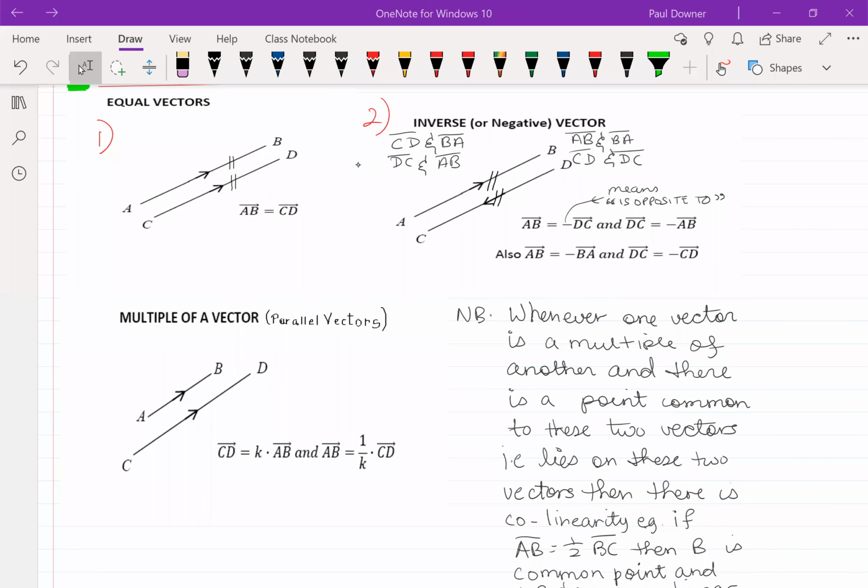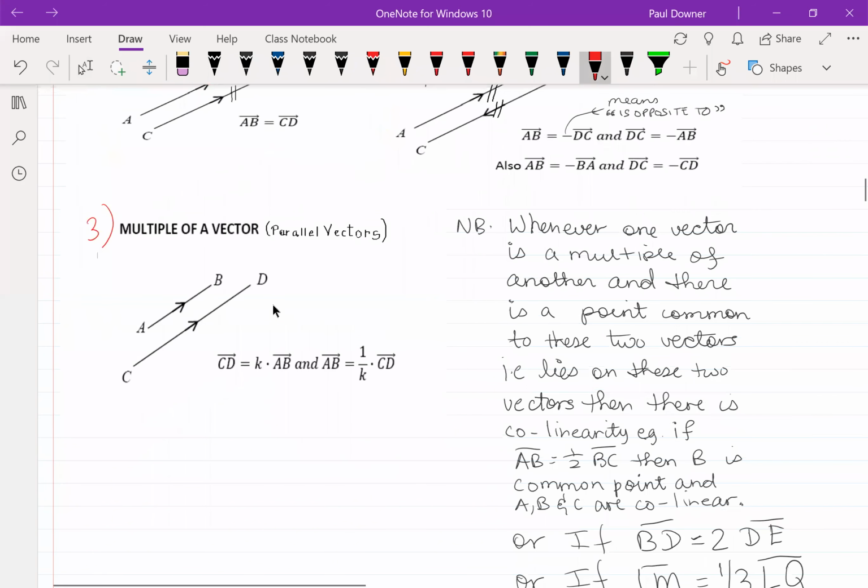Let's look at the third property here: multiple of a vector. Anytime we could show that two vectors are related, whereby one is a multiple of the other, like how both of them are parallel here, because we see in the arrows. But this one is smaller than this one, it is shorter, but they are parallel vectors.